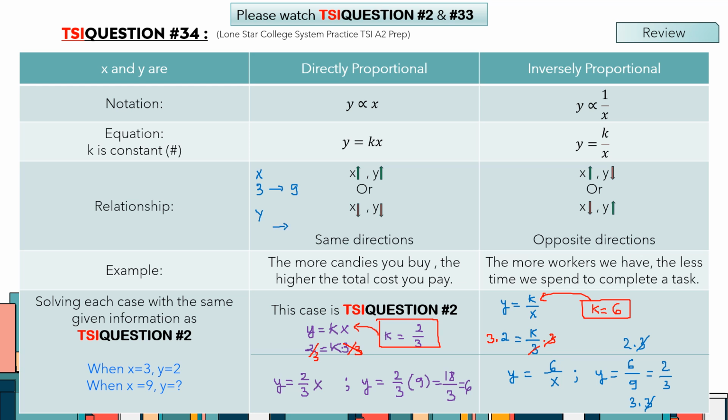And this factor is k. So from 3, to go to 9, you multiply by 3. 3 times 3 is 9. So we use the same factor: 3 times 2. The answer has to be 6, and it's matching. How do we know the factor? We take 9, we divide by 3, you get 3.